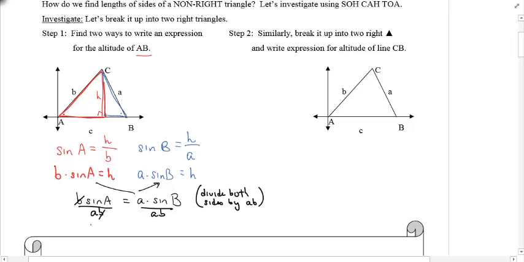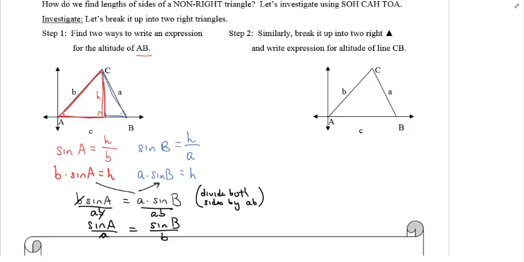The B's divide out, so you're left with sine A over the side length of A, and that equals sine B over the side length of B. Nice. So the ratio of the sine of angle A divided by its side length A is the same thing as the ratio of the sine of angle B divided by its corresponding side B.